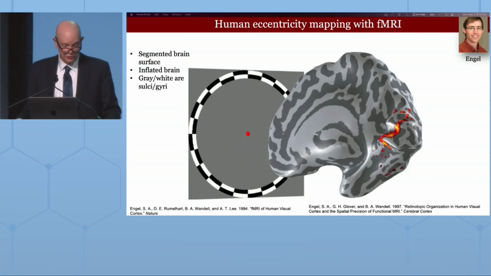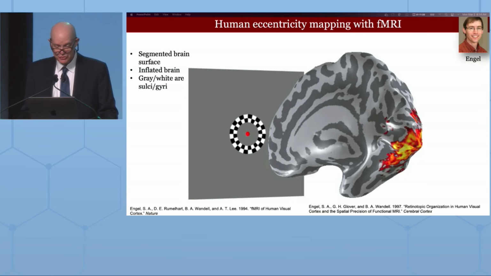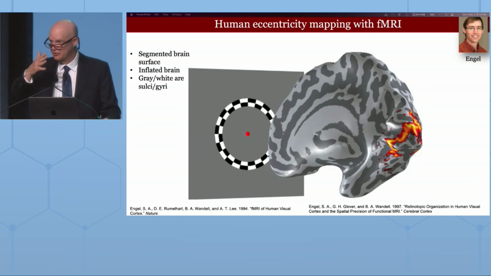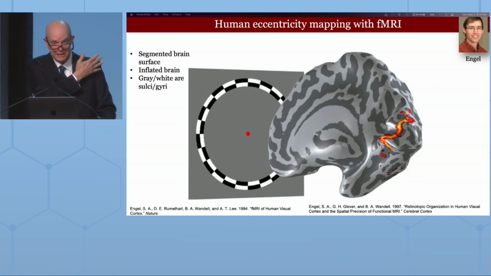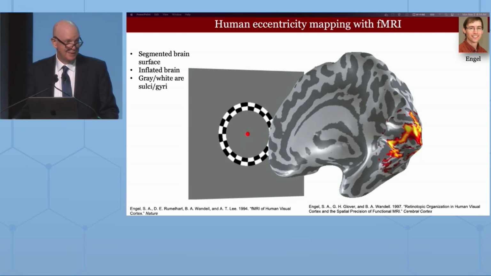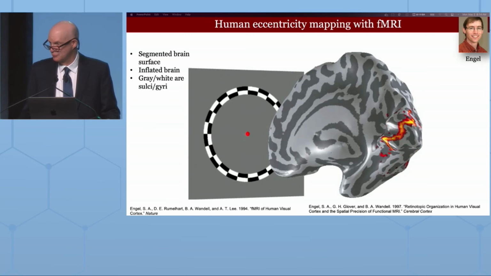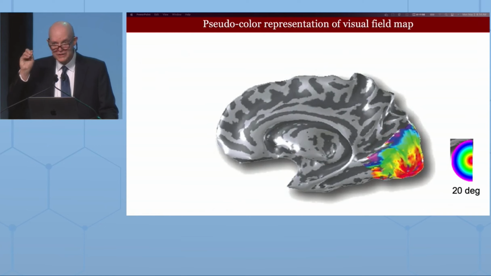The dark regions are sulci, the lighter regions are gyri, and you're seeing the activation in visual cortex from this kind of expanding ring stimulus that was sometimes called a traveling wave stimulus for obvious reasons. And if you like to be more obscure, you could call it phase-encoded retinotopy. Those were your options.